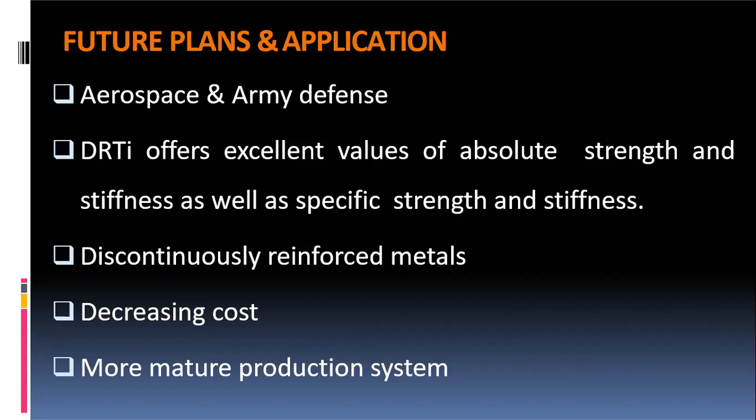Next one is decreasing cost. We have already discussed the cost of the metal matrix composites. Some metal matrix composites, compared to titanium and zirconium, are very high in cost due to their scarcity in the market as well as ores.